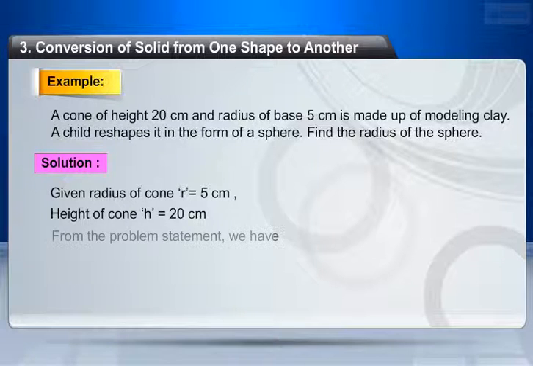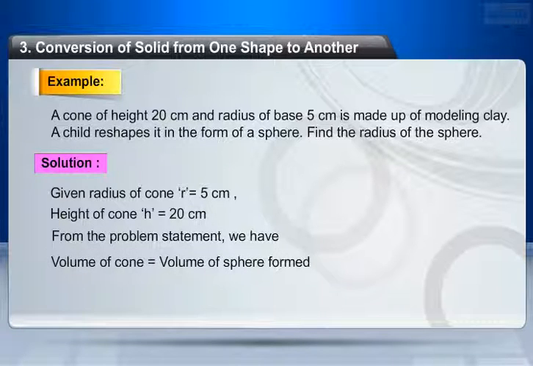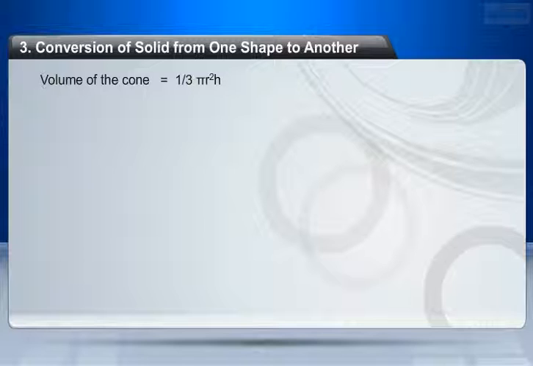From the problem statement, we have volume of cone equals volume of sphere formed. Therefore, now we find the volume of cone. We know that volume of the cone equals 1 by 3 into pi r square into h. On substituting the values of r equals 5 centimeters and h equals 20 centimeters, we have volume of the cone equals 1 by 3 into pi into 5 into 5 into 20 centimeters cube.